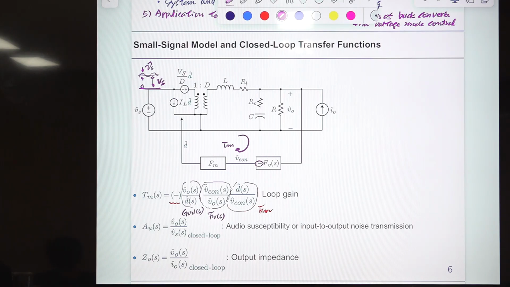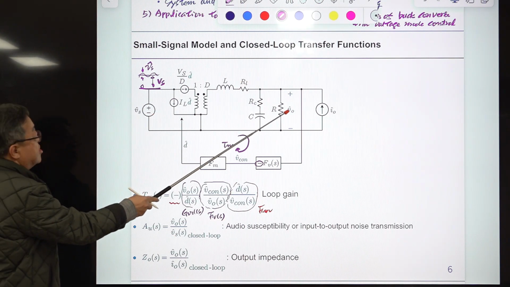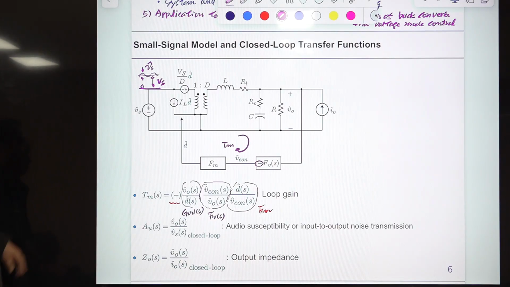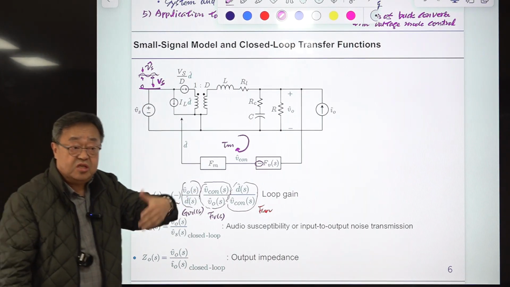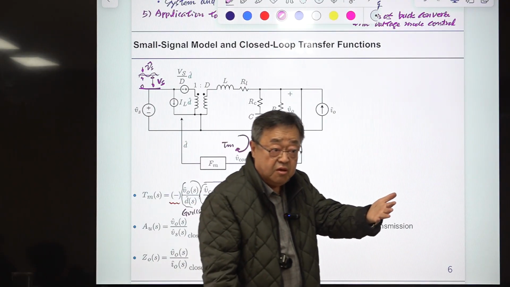So we are only talking about this Vs hat. This is the input, and this is the AC component contained in our voltage. So assume this is some noise, and the noise is coming from the input voltage.